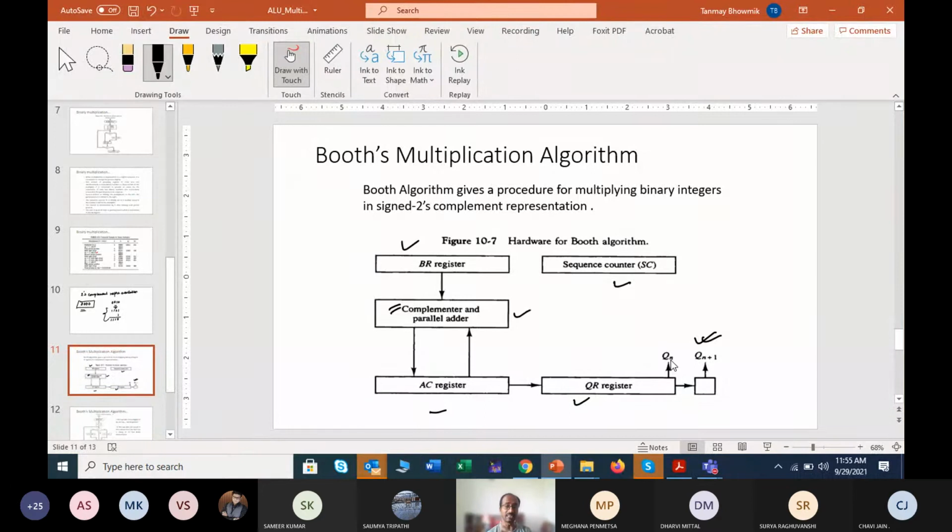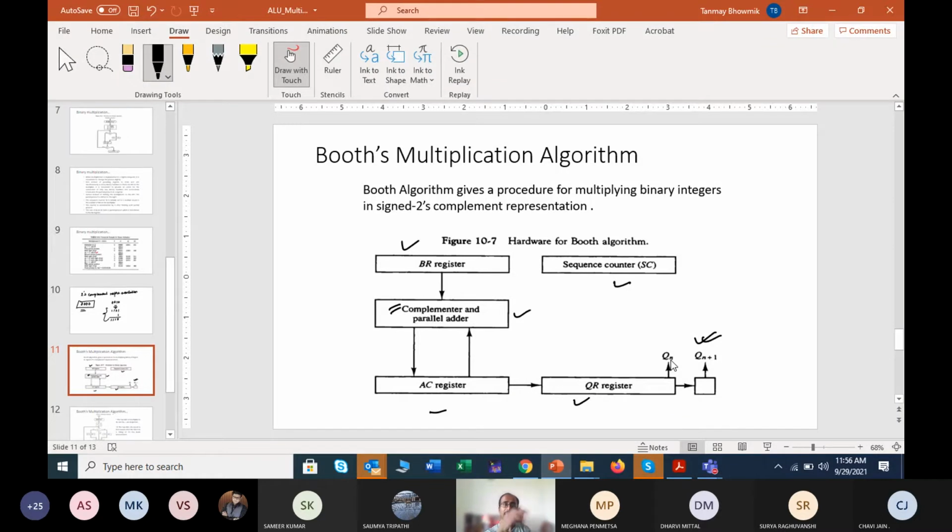We are not considering the E separately, rather we are keeping an extra bit towards the right, and you are checking whether your Qn and Qn plus 1 is 0 1 or 1 0 or 1 1 or 0 0. 1 1 or 0 0 is the case where you are not having any change, because 0 0's complement, just one's complement, is 1 1 and 1 1's complement is 0 0.